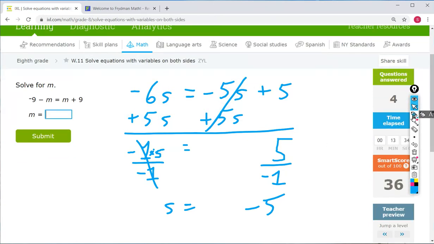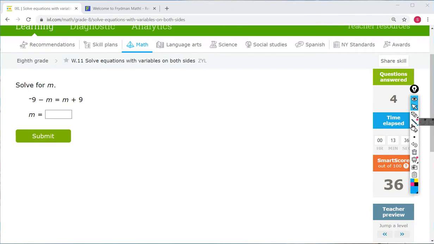Okay, good. I will do this problem because it's a little bit different. We have -9 minus m equals m plus 9. Okay. Now I can choose whether I want to put all the m's on the left side or the right side.